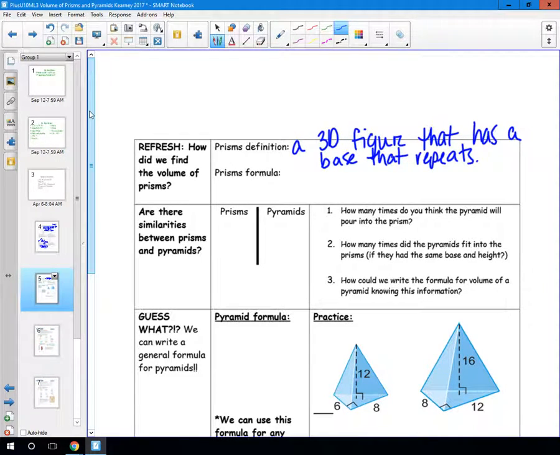And we said the volume of a prism can be found by finding the area of the base, big B, times the height. Okay, so we said big B was the area of the base, and H was the height of the prism.